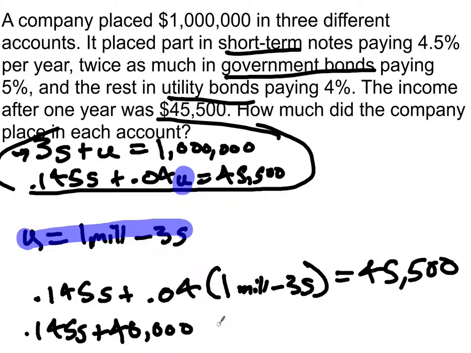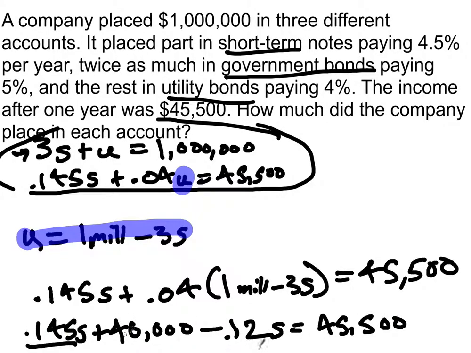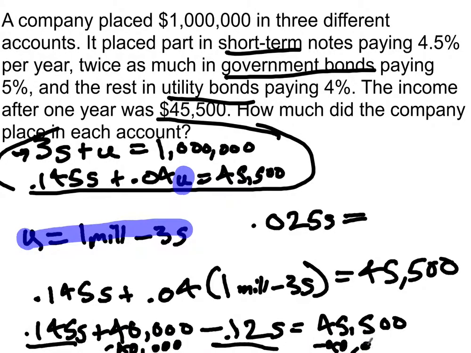And then 0.04 times 3 is, pardon me, 0.12, so minus 0.12s, and that's going to be equal to 45,500. I'm going to combine like terms. If you add those two together, you get 0.025s is equal to 45,500 minus 40,000, which is going to leave you with 5,500.